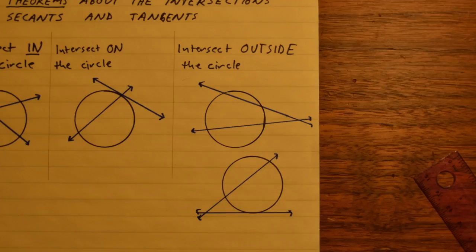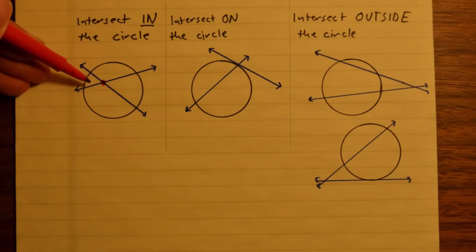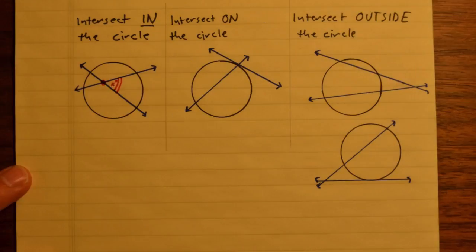Okay, so the theorems. The theorems talk about the intersection of those two lines and the angles that they form relative to the measures of the arcs that are intercepted. So if I consider that angle, call it x, it cuts off two arcs.